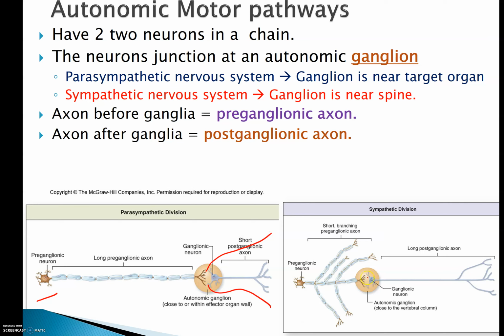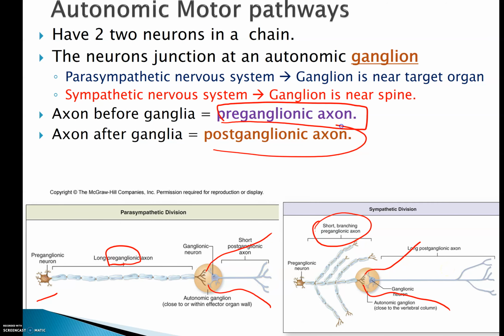Now the axon before the ganglia is called the pre-ganglionic axon. So this is the pre-ganglionic axon. This one is before the ganglia. Notice they both have myelin. Now the axon after it is called the postganglionic axon.